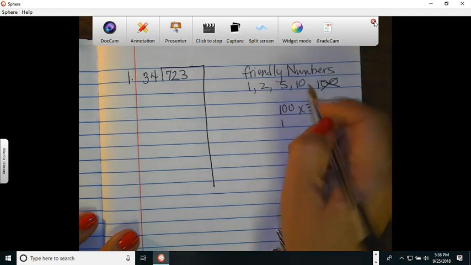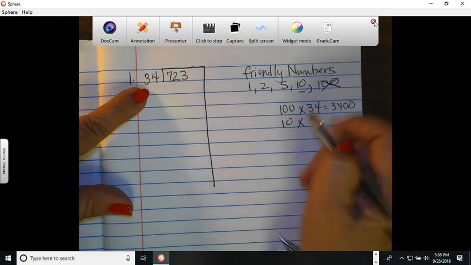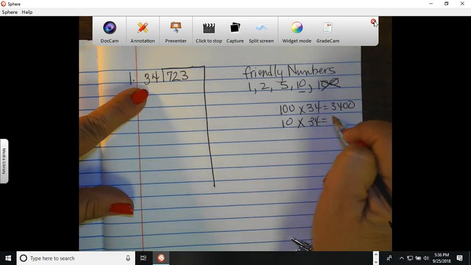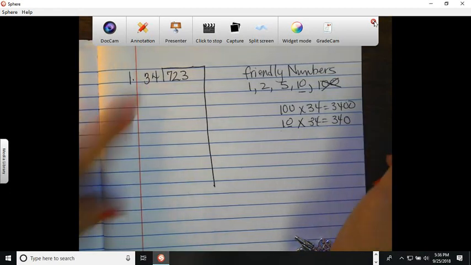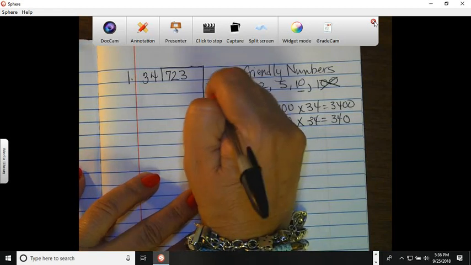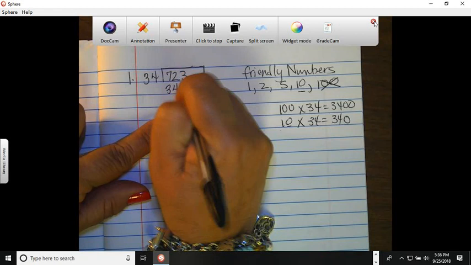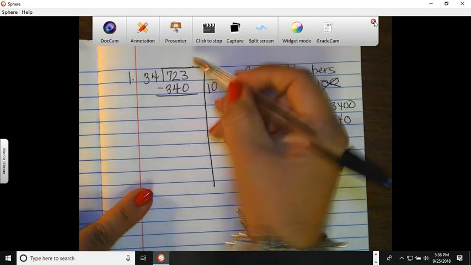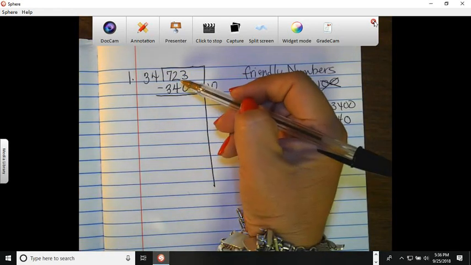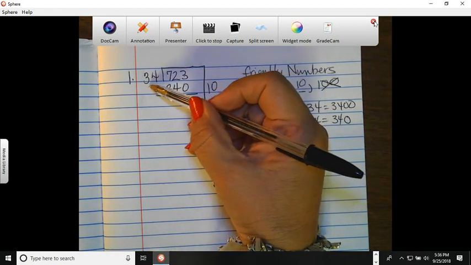My next number is 10 times the 34, which is my divisor. 34 times 1 is 34, so with 10, it's 340, and then I can take that out. So I'm going to write 340.